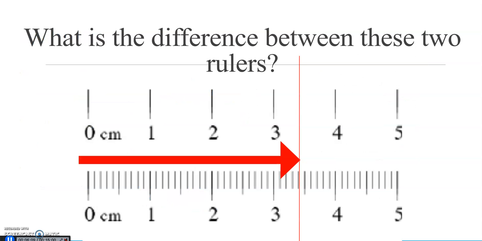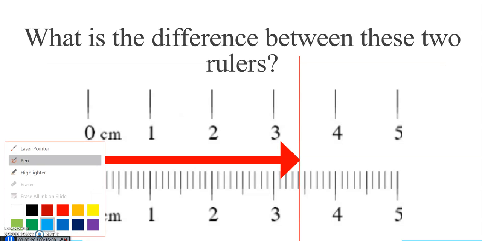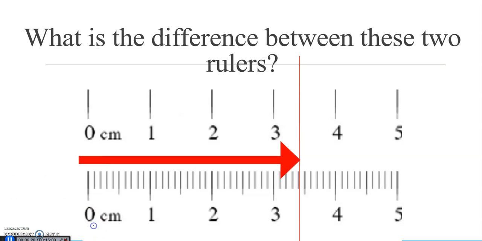Okay. So we have two rulers and they have different values of precision, right? The top ruler is marked off every centimeter, while the bottom ruler every millimeter. So let's see what will give us a more precise reading of that red line. Reading the top ruler, I read the 3 right off of the ruler, and then I estimate one more place.